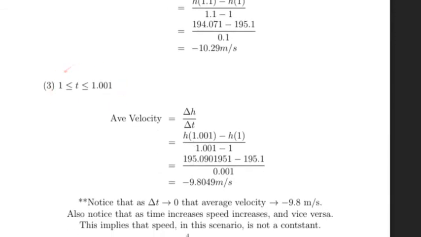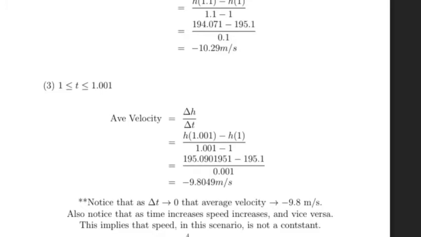So between 1 and 1.001 seconds, the average velocity, again, is the change in height over the change in time, evaluating the height at those two different times. But this time the change in time is 0.001, and when I do the division, I get negative 9.8049 meters per second. So now you should be able to see that as that change in time gets smaller and smaller, closer and closer, we're really applying a limit here and letting the time become closer and closer to 1.